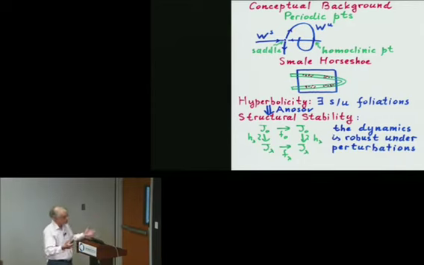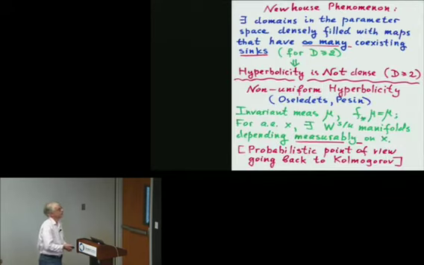And there was a brief moment of hope that actually any system can be approximated by such a hyperbolic structurally stable system. But this hope very fast disappeared. There are several phenomena responsible for this disappearance, but the most impressive one is the Newhouse phenomenon: starting with dimension 2, one can find some domain in the space of diffeomorphisms on surfaces which is densely filled with maps that have infinitely many coexisting attracting cycles.